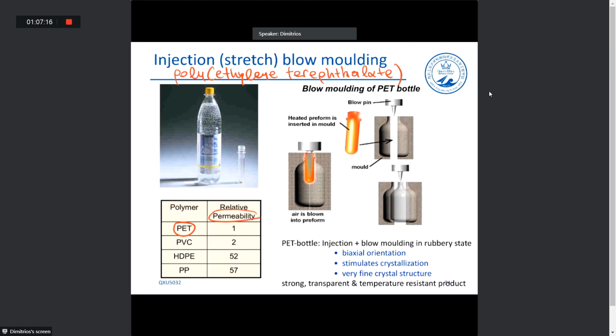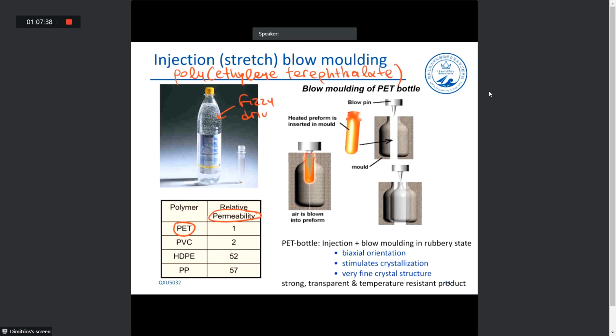You can see that polypropylene, for example, has 57. So carbon dioxide could escape from our polymer bottle, and essentially the drink won't have the same quality as in the case of PET. And also PET is thermally stable. It has a relatively high glass transition.